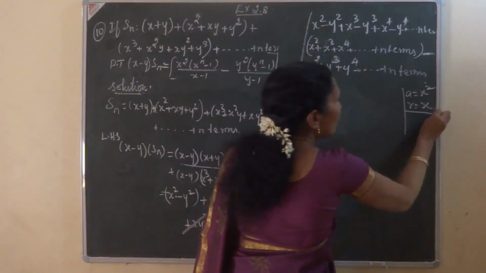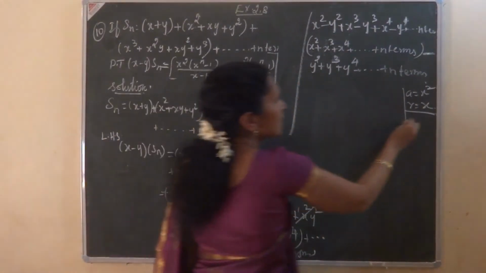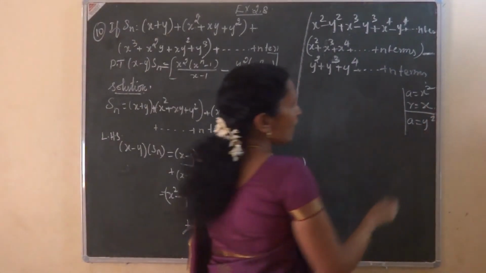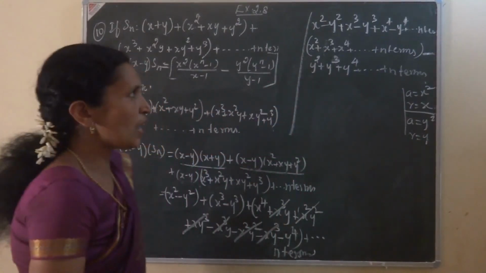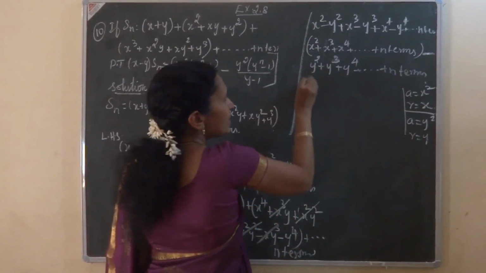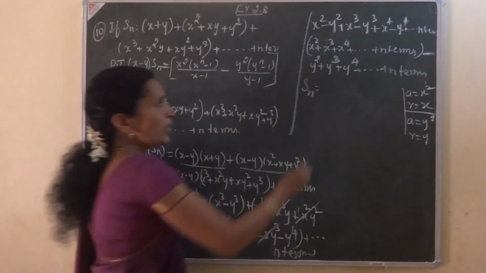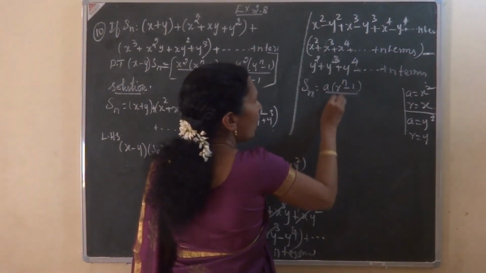This is the first series. Next, second series, what's the value of a? The value of a is y square and the value of r is y. So shall we apply the formula Sn equal to a into (r power n minus 1) divided by (r minus 1)?